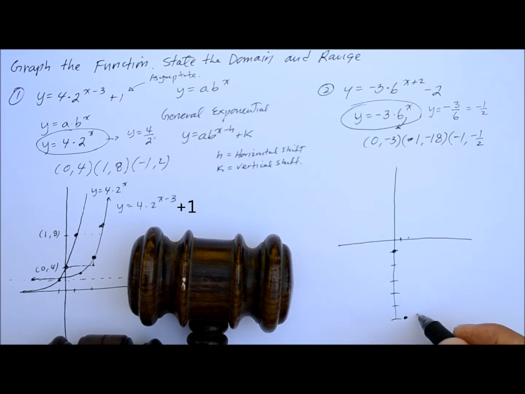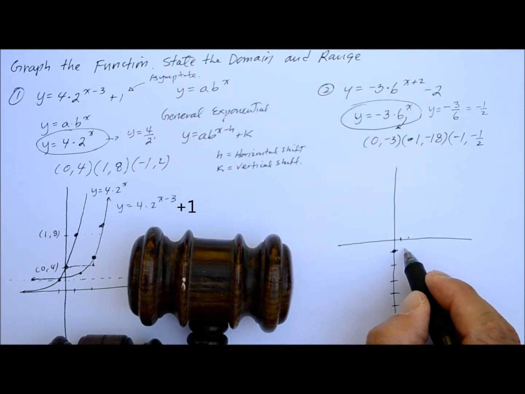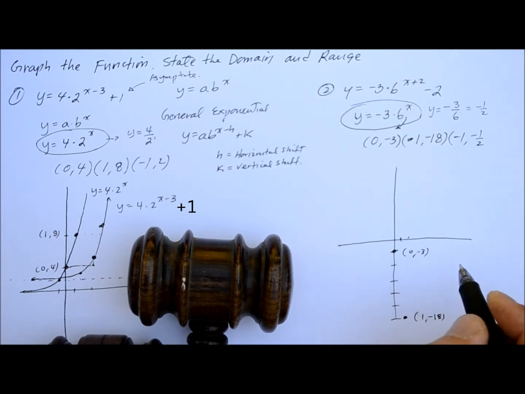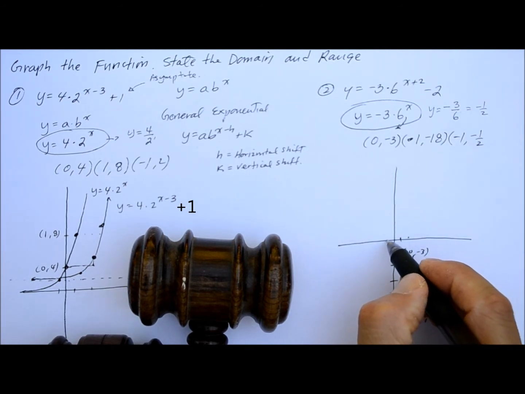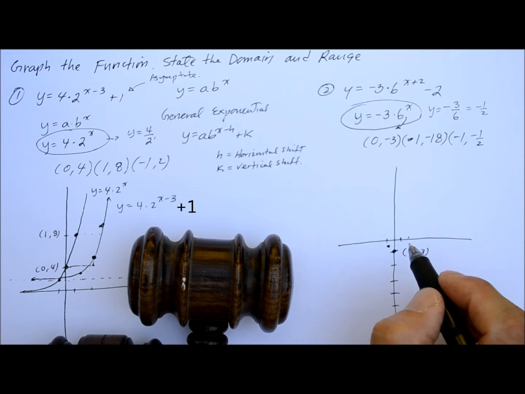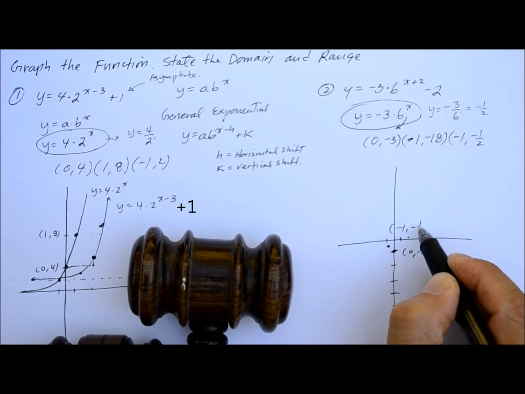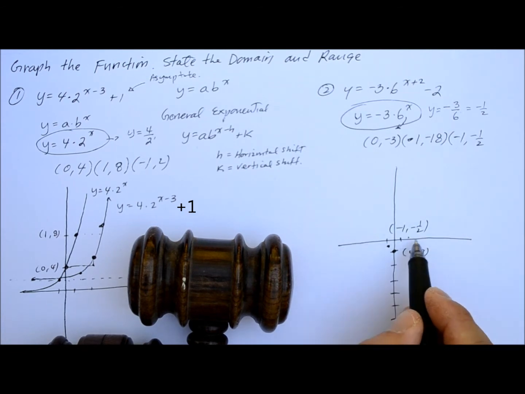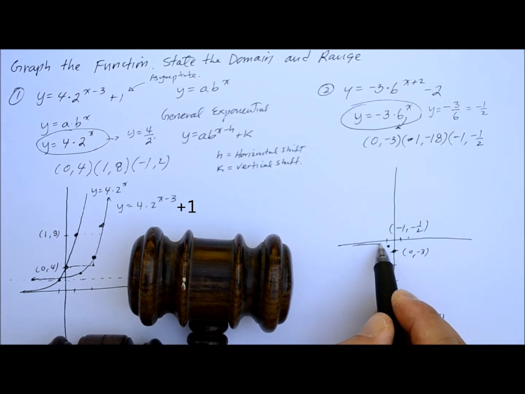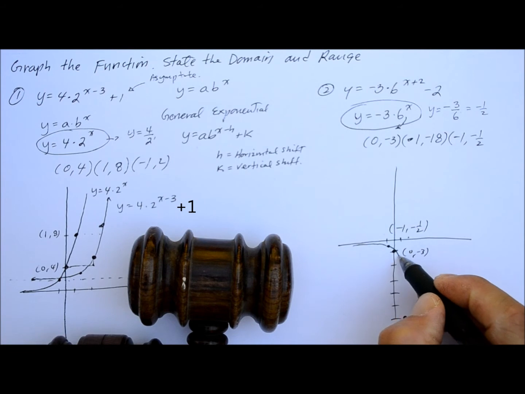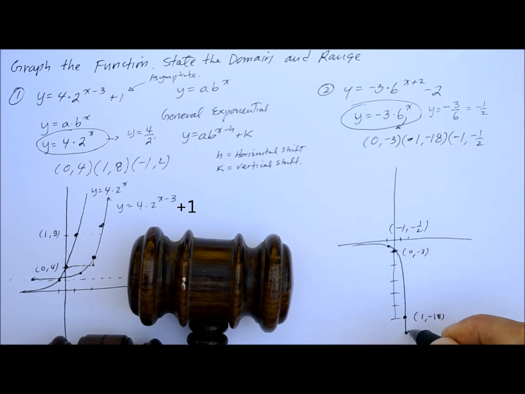That's 1 and negative 18 over here. And this one is 0 and negative 3. And if I let x equal negative 1, the other way over here, y is going to be negative 1/2, right there. So that's negative 1 and negative 1/2. And the asymptote is at 0. I didn't draw it very nicely, but it will look something like this.